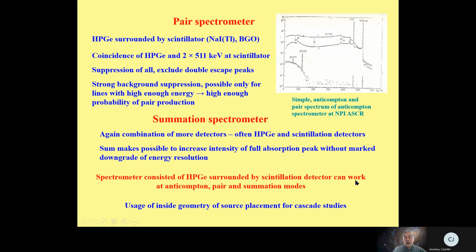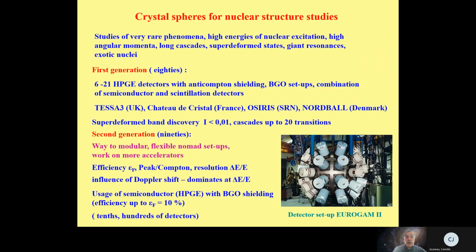This spectrometer can work in anti-Compton, pair and summation modes. That means together it's possible to obtain all possible spectra, anti-coincidence and coincidence spectra, and analyze them later as an anti-Compton spectrometer, pair spectrometer, and also summation spectrometer.